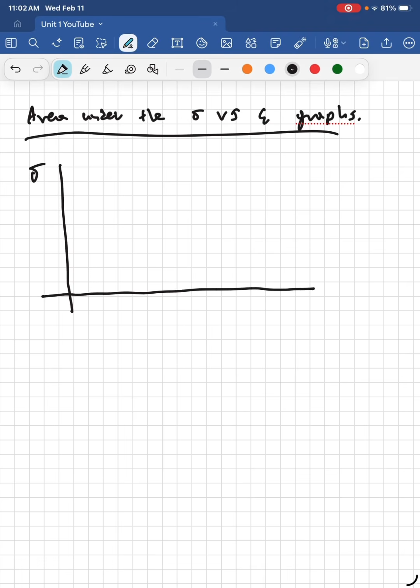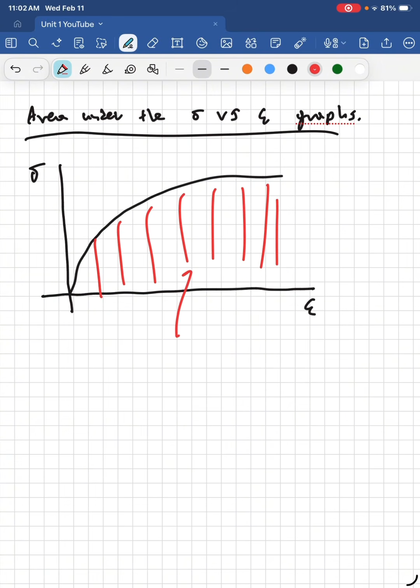So sigma, so stress and strain, so maybe a graph looks like this. So the area under the graph is proportional to stress times strain. I'm sorry, I don't know why I got confused.